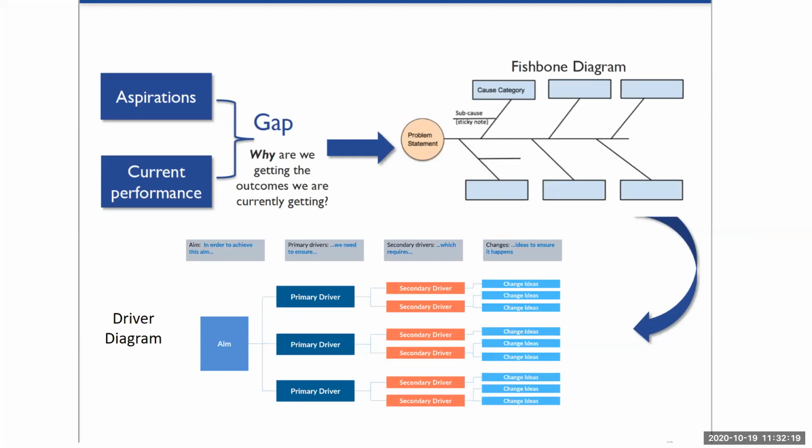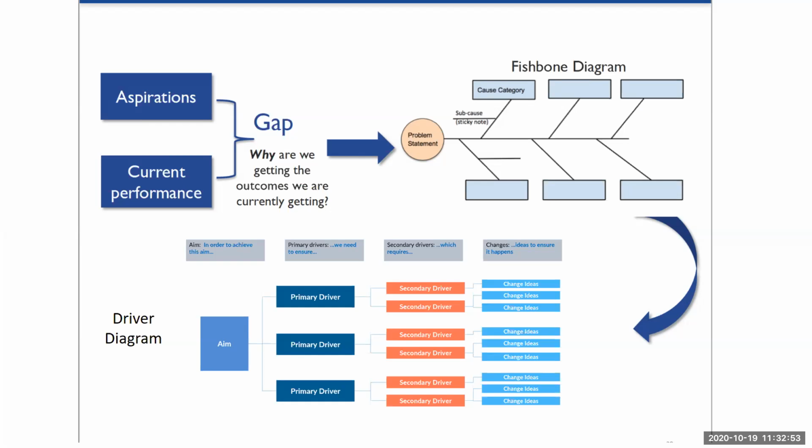As a reminder, you're really starting out this work by saying, why are we getting the outcomes that we're currently getting? And why is there some kind of gap between the current performance and where we want to be? In the interpretation phase, this often goes into a fishbone diagram where you outline what the various causes are of that gap that you've identified. And then from there, through that causal analysis, you identify a set of drivers that are driving the problem and could also be driving the solution to the problem.